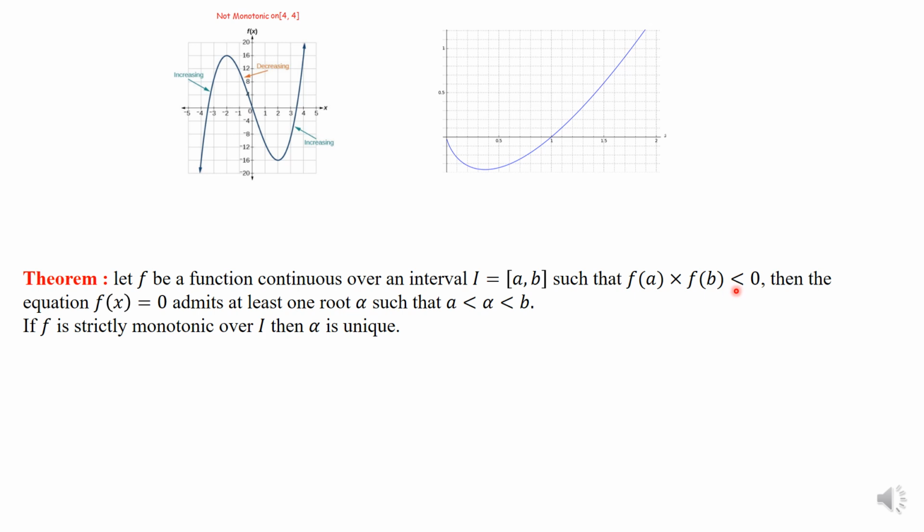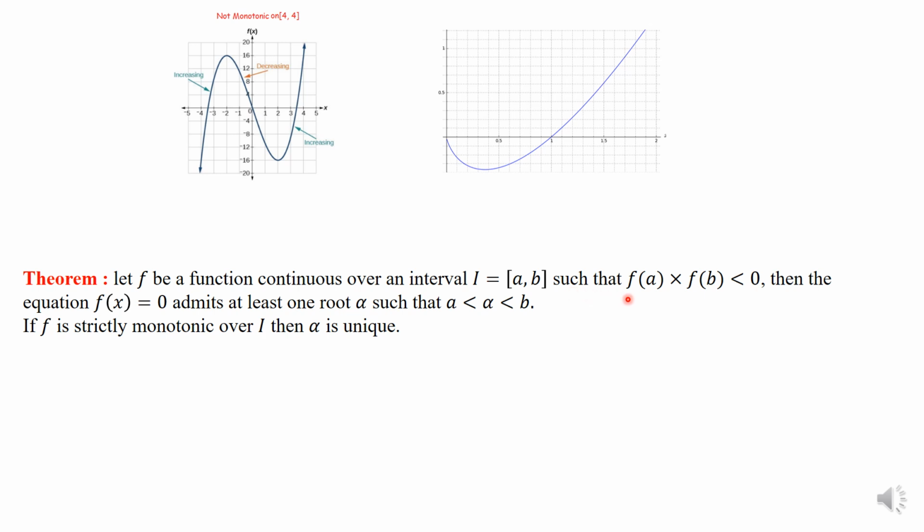This means that one of the values is negative and the second is positive. Either f of a is negative and f of b is positive, or f of b is negative and f of a is positive, for the product to be negative. Then the equation f of x is 0 admits at least one root alpha, where alpha is between a and b.